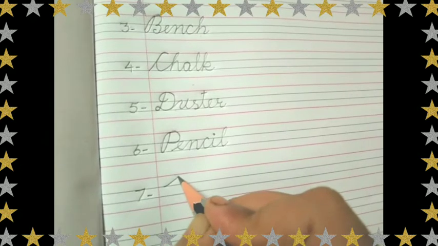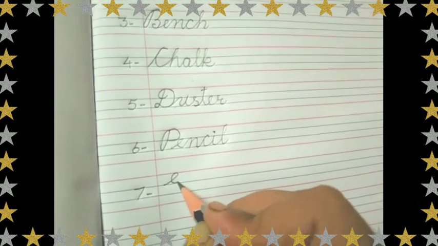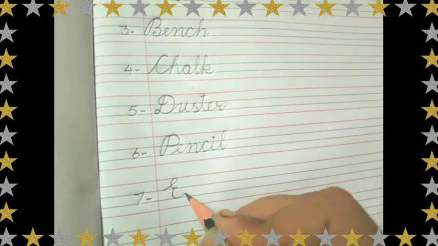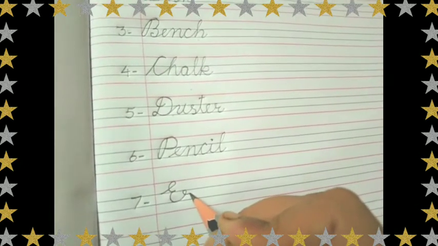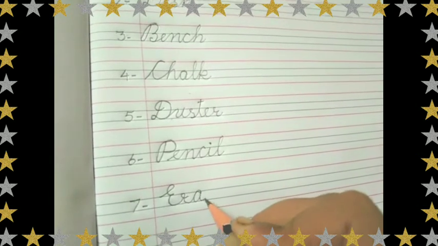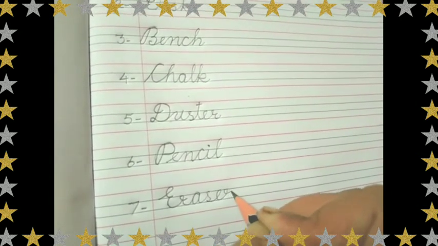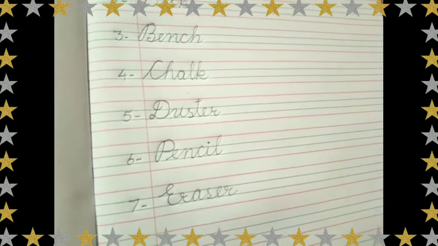After pencil, what you will write? Spelling of eraser. Make a small E, small cursive E, then curve it like a C. Go here towards the second line, make R here. E R A S E R. Eraser.